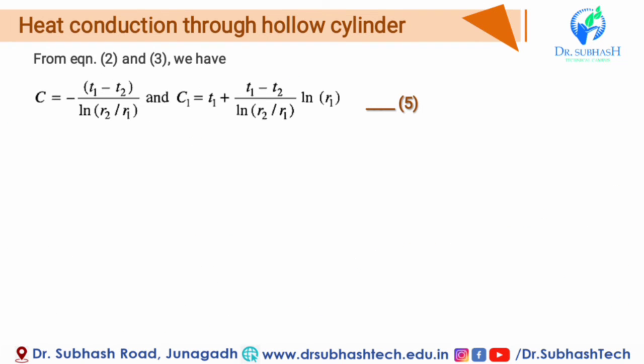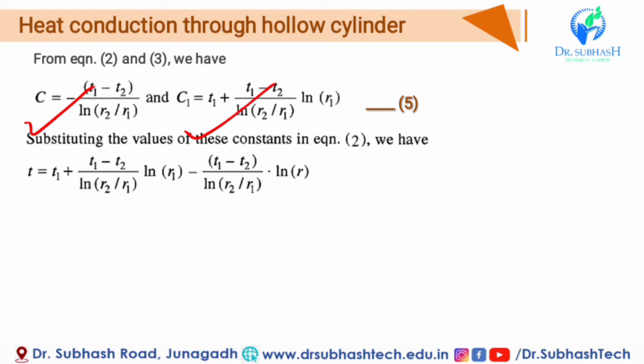By solving these equations, we get C is equal to minus T1 minus T2 upon ln R2 by R1, and C1 is equal to T1 plus T1 minus T2 upon ln R2 by R1 into ln R1, say equation number 5.